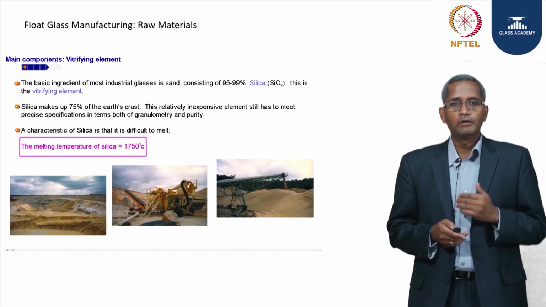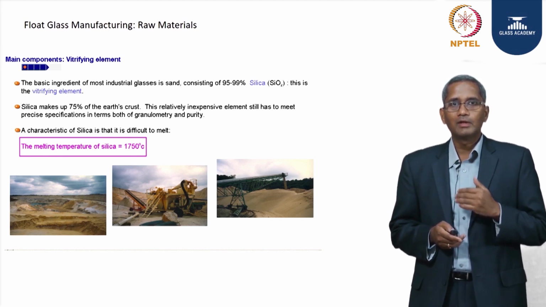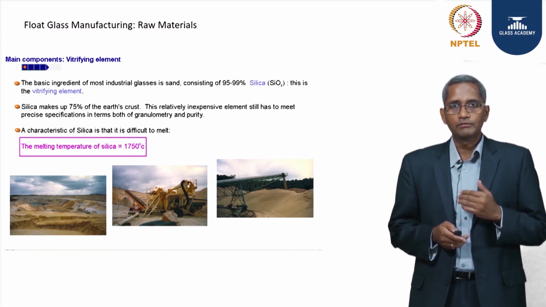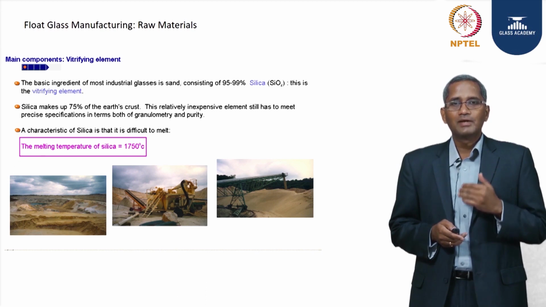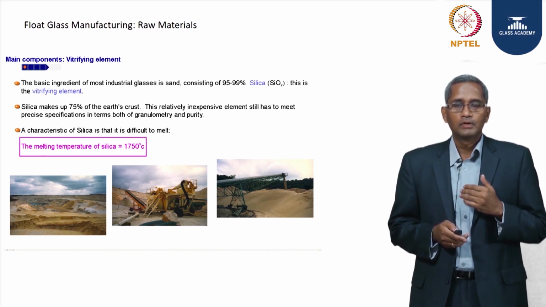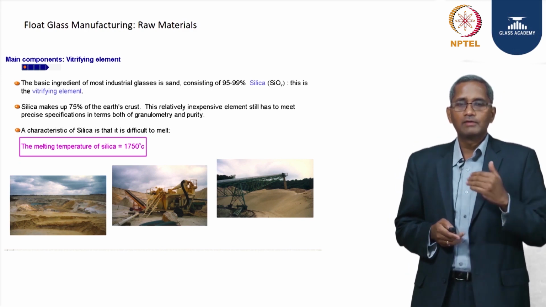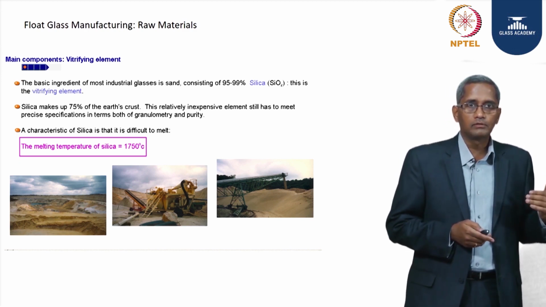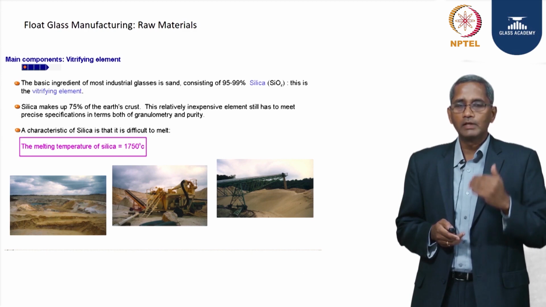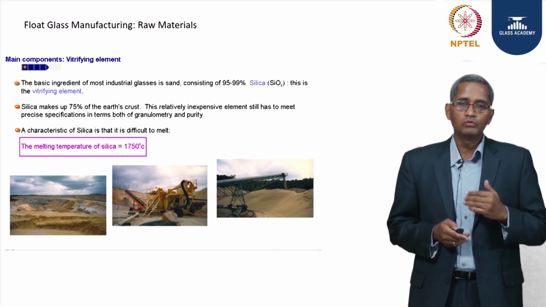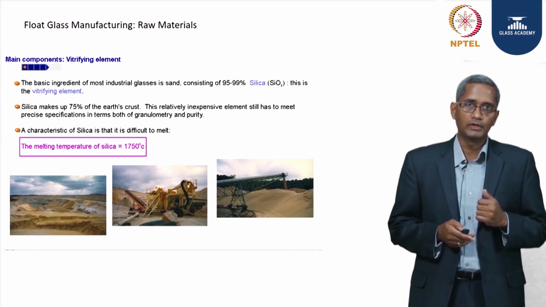To melt at such high temperatures, we will require a lot of energy, and on top of that we need a furnace which can withstand such high temperatures. To give you another piece of information, nearly 75% of the Earth's crust is made up of silica, and so most of the refractories that we use in the furnaces are also made up of silica.